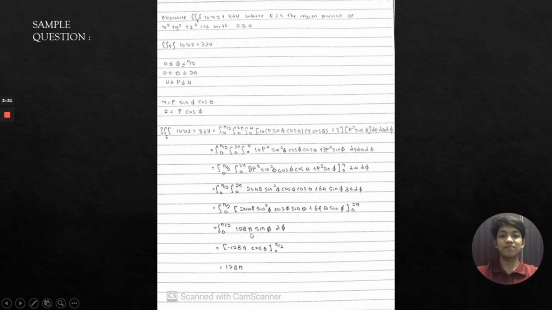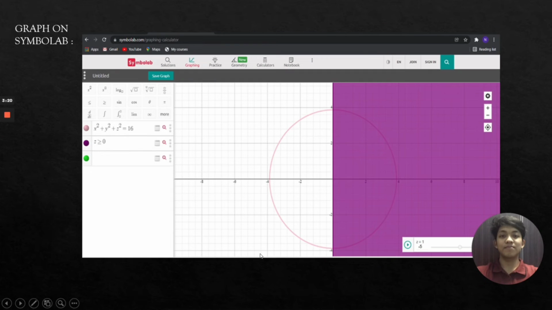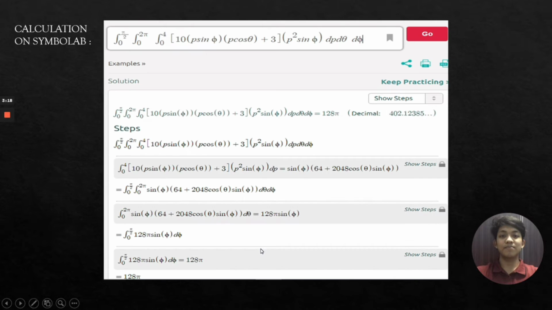Then for the last integral, we integrate with respect to phi, and we get the final answer, 128 pi. Finally, we run the software Symbolab to confirm the answer for the equation that I already explained before.